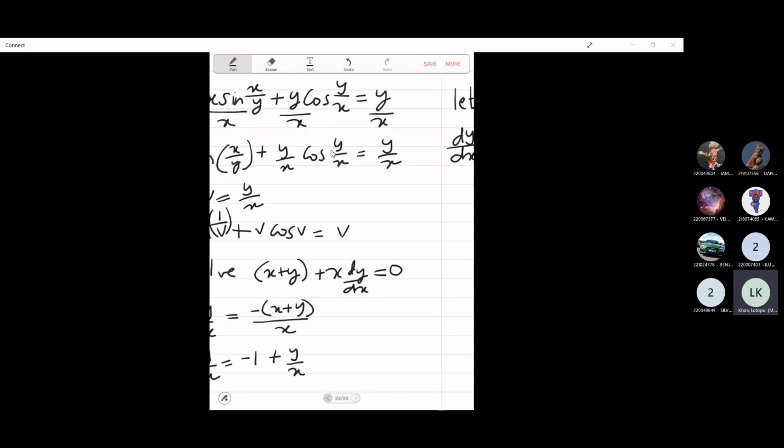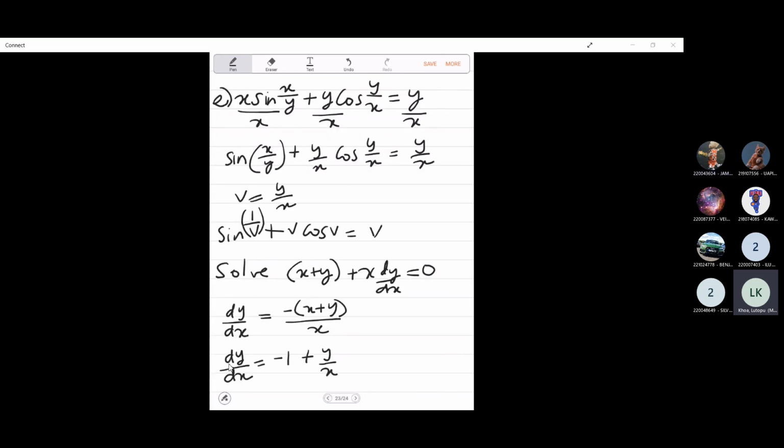Now that I can write dy/dx in terms of dv/dx, I will have only v and x in this expression, and what I should get is something that is separable. So I'm going to substitute.